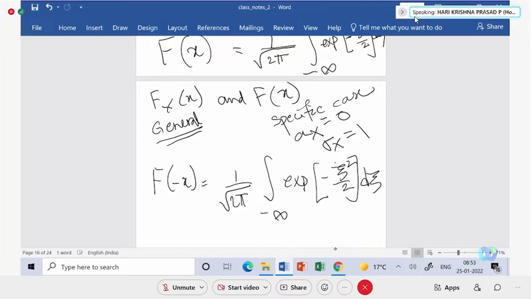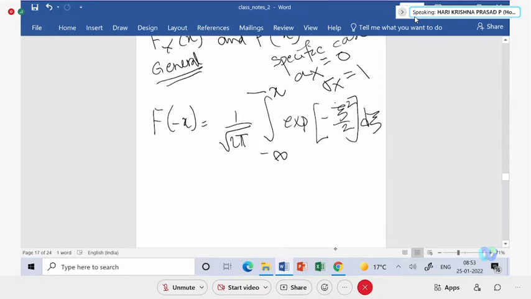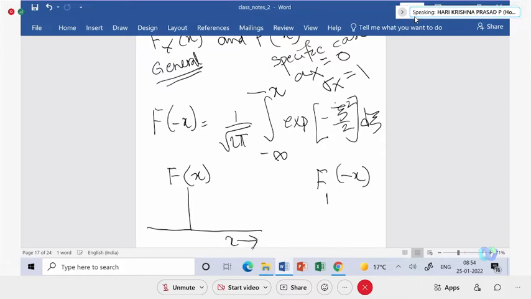Minus infinity to minus x. So let us plot what is f of x and what is f of minus x. How do we plot the distribution function for both the cases?